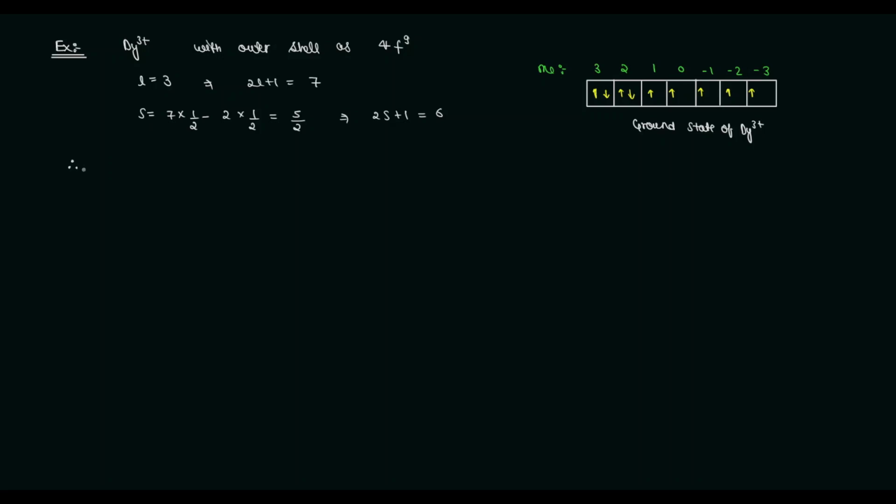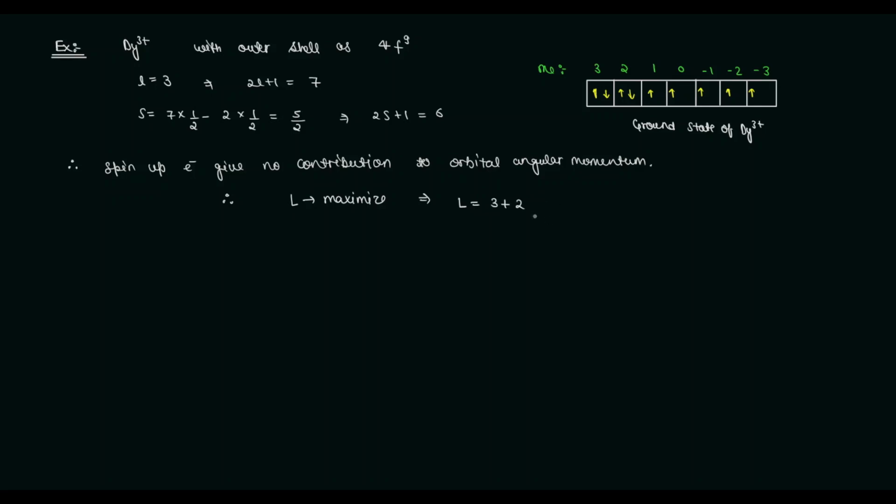Now as the spin up electrons give no contribution to the orbital angular momentum, and according to Hund's rule we have to maximize the value of L, the final two electrons will go into orbits with ML equal to 3 and 2, so that the total orbital angular momentum will be equal to 5.